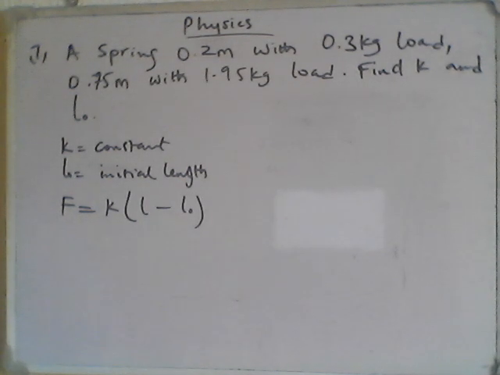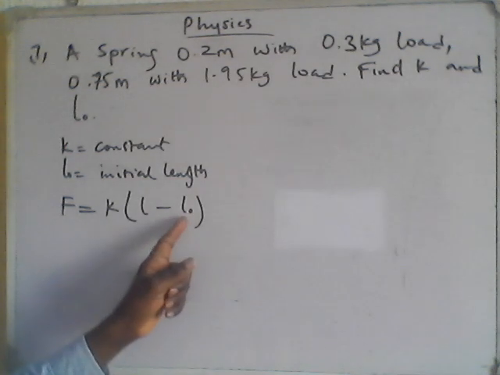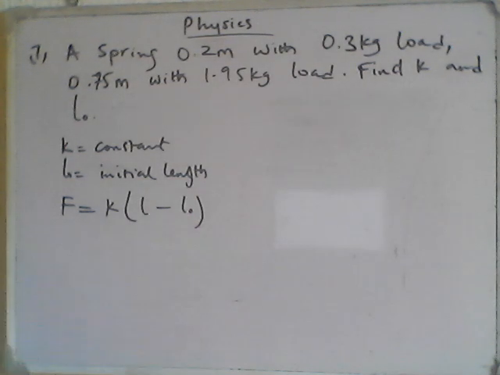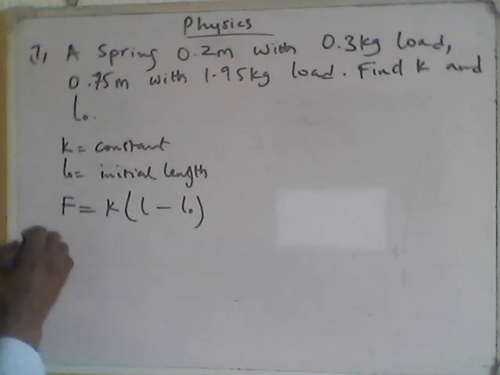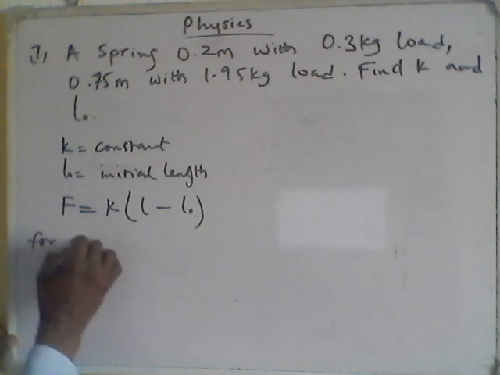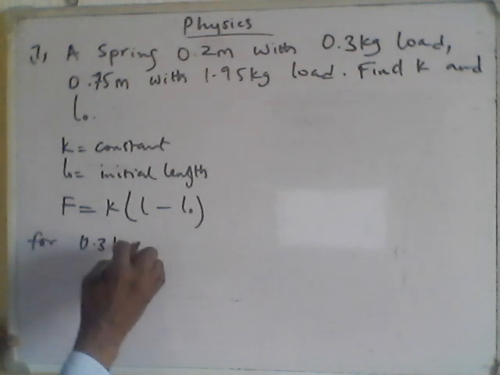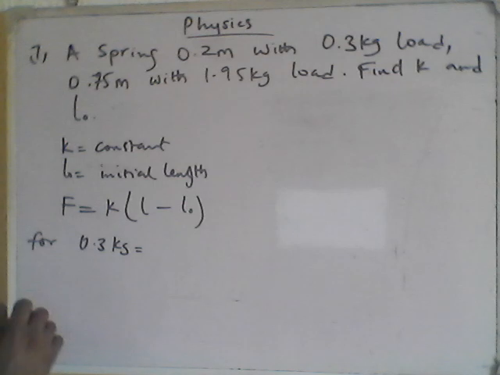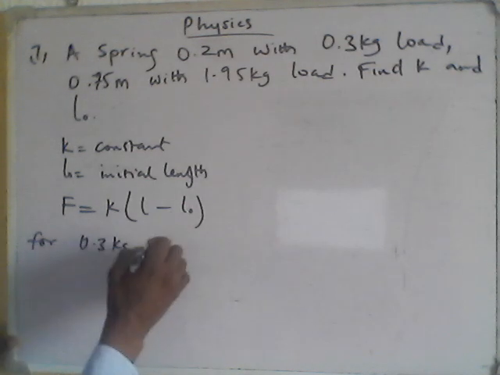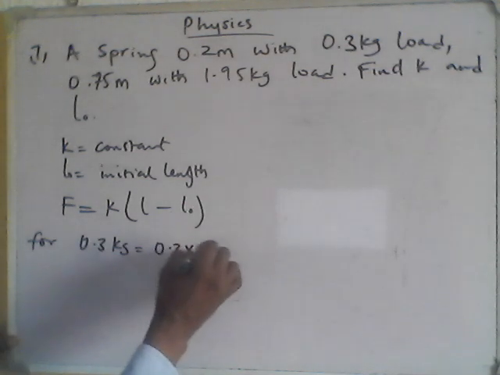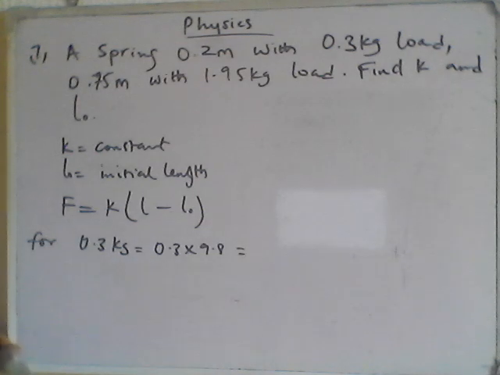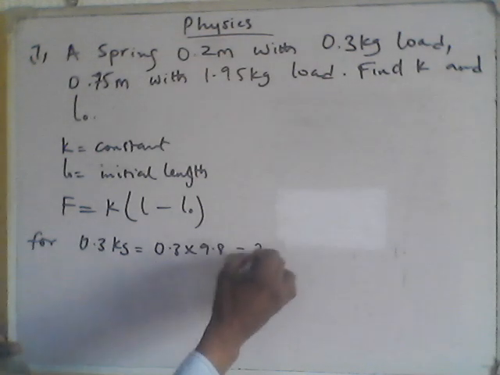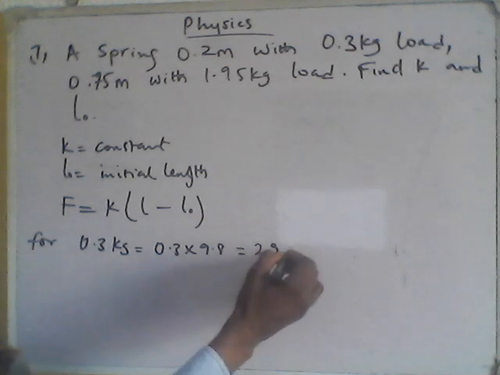Okay, so having known this, LO is the initial length or natural length. I'm going to be writing out the equation. For the first one, 0.3 kg, I will convert it to weight by saying 0.3 times 9.8 meter per second squared. So by punching my calculator, I'll be having 2.94 Newtons.